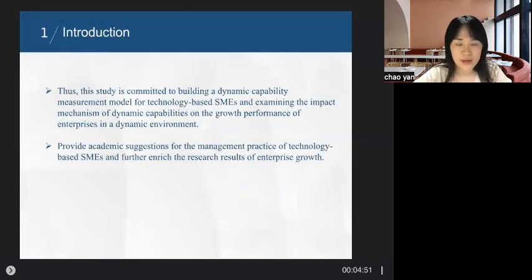Thus, this study is committed to building a dynamic capability measurement model for technology-based SMEs and examining the impact mechanism of dynamic capabilities on the growth performance of enterprises in a dynamic environment, provide academic suggestions for the management practice of technology-based SMEs, and further enrich the research results of enterprise growth.